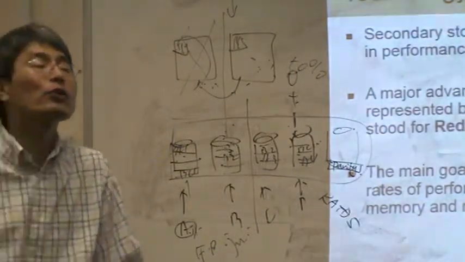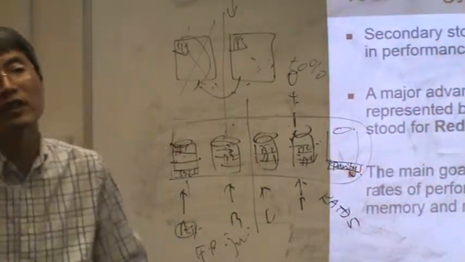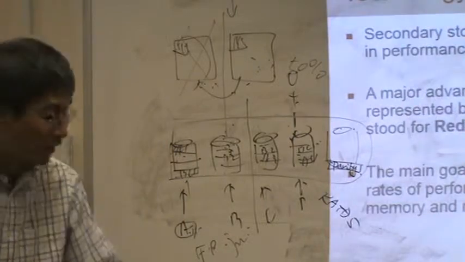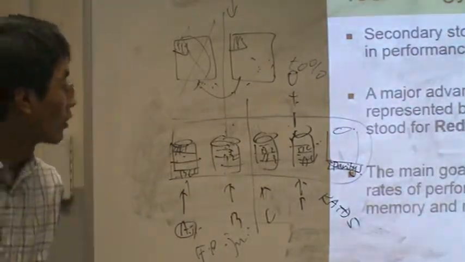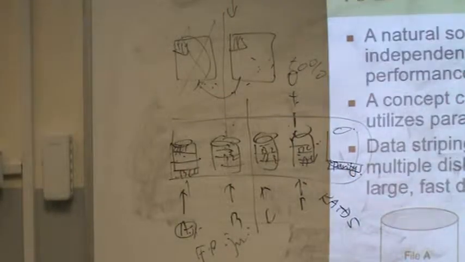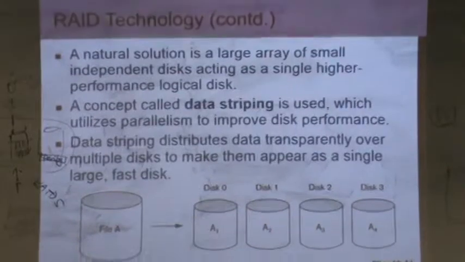We are not using the box. I heard that some small companies and old companies still use such RAID technology. Nowadays, only the 0 plus 1 mirroring is used, so data striping and mirroring.